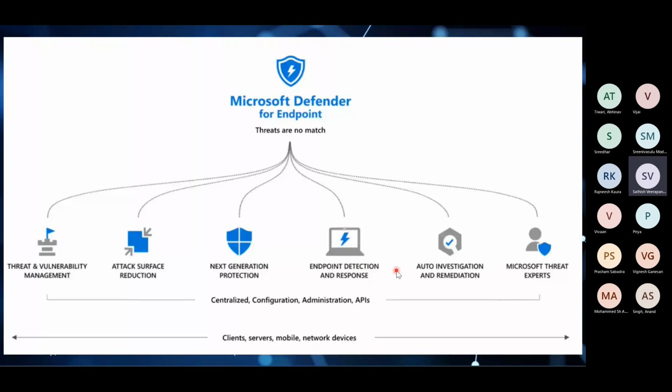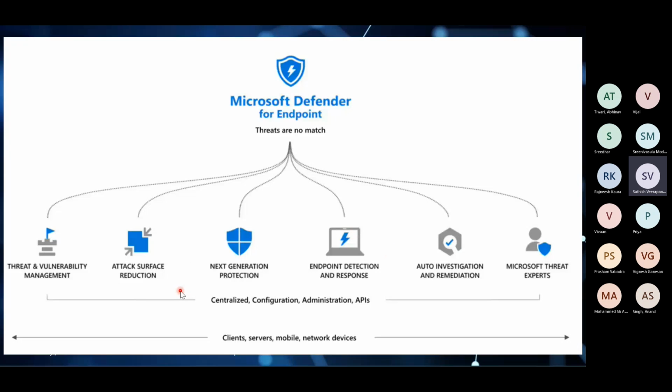And coming to endpoint detection and response, it would be able to proactively identify any alert, any malware or viruses that are trying to do some activities in your endpoints, and then detect them.